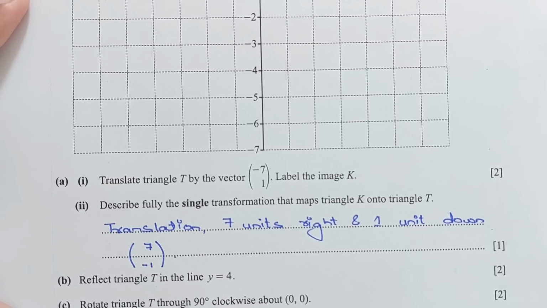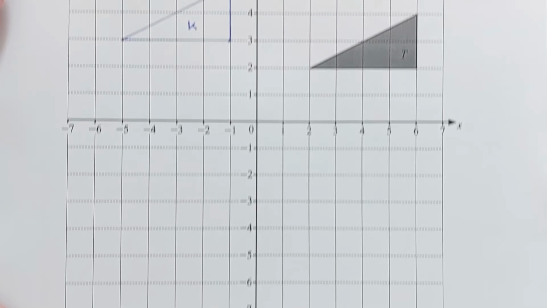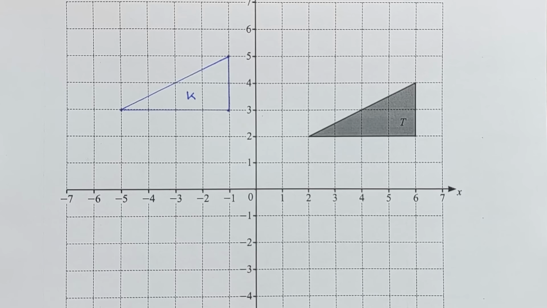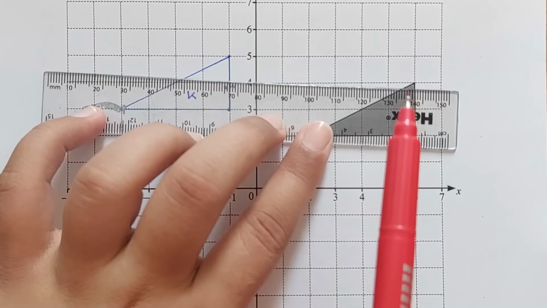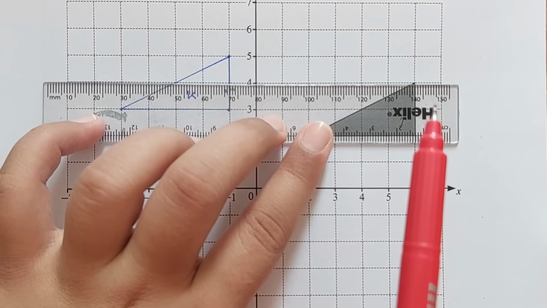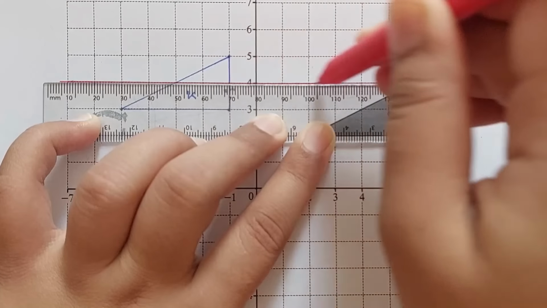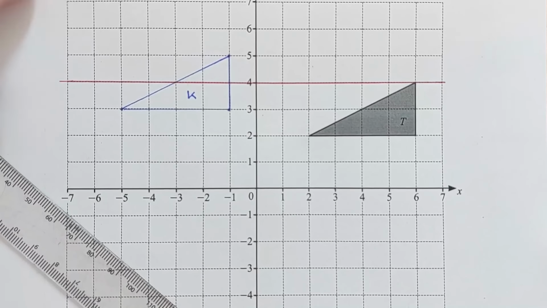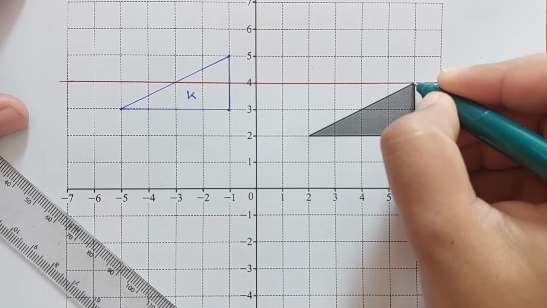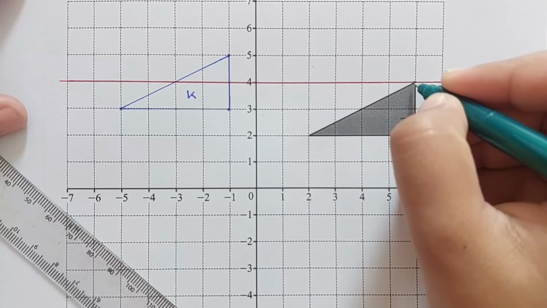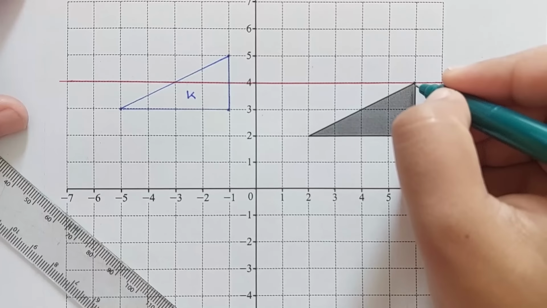Now for part B, reflect triangle T in the line y equals 4. First let me draw the line y equals 4. y equals 4 is this line. All right, now let me reflect this triangle T. There is 0 distance from the line of reflection, so the reflected image should also have this coordinate on the line.